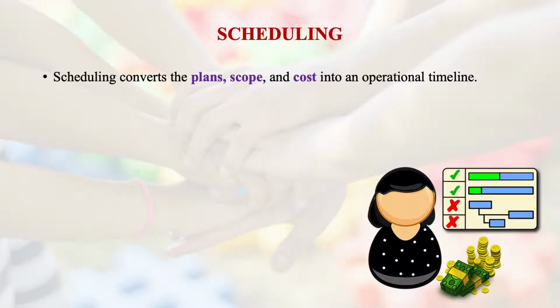Another issue which relates to scheduling is that scheduling converts the plans, scope and cost into an operational timeline. Now that's a very interesting statement, because the plans and the scope ultimately have to be put in the form of complete timelines.